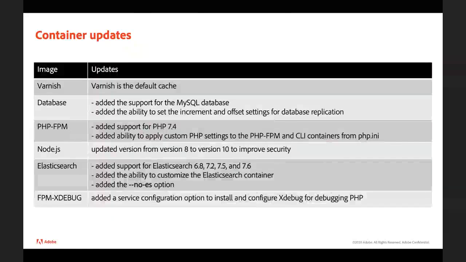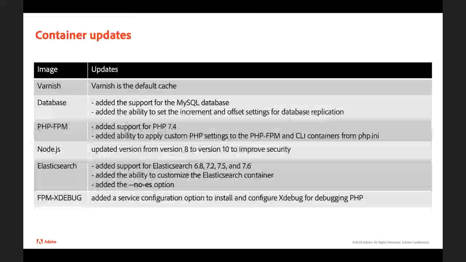There are some image updates. Now Varnish is the default page cache. Also, we added a MySQL database; before we used only MariaDB. And now you can configure offset and increment for database. We added support for PHP 7.4. Also, you can configure PHP using a php.ini file in the root folder. We added a new version of Elasticsearch, and also you can configure these containers.